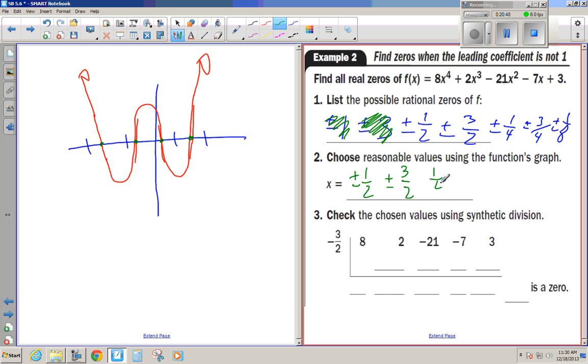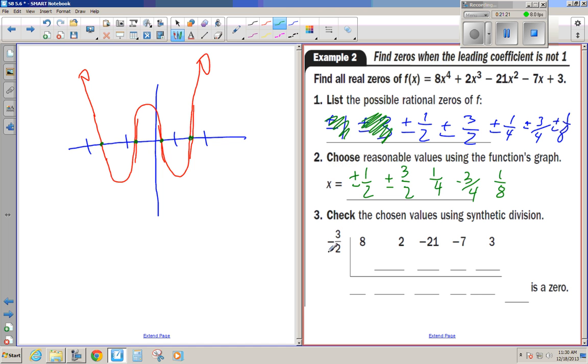So positive 1/4 might need to be checked. Maybe negative 3/4. And maybe even 1/8. These are some of the possibilities. And so you need to try to guess which one for sure. All right, so these are the reasonable values for the zeros.